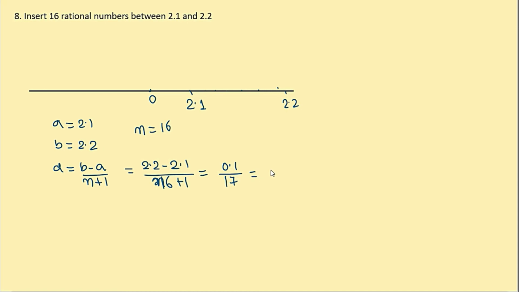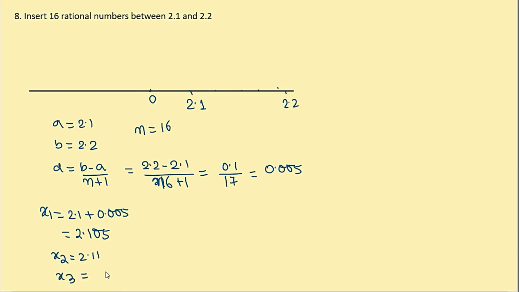It comes to approximately 0.005. So the first, X1, is 2.1 plus 0.005, so it will come as 2.105.